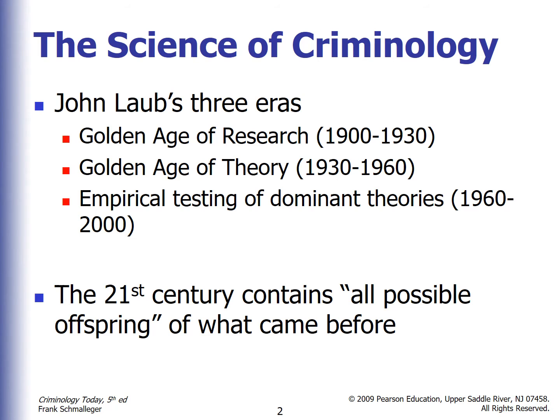When we actually look at those theories, you can see, based upon whoever came out with them and the time that they came out with these theories, whether they happen to concur with these time frames. There are some theories we're going to talk about that actually came out before these time frames, and certainly others after. Empirical testing of dominant theories, 1960 to 2000.